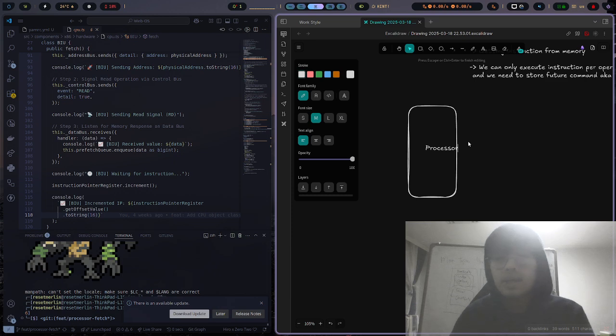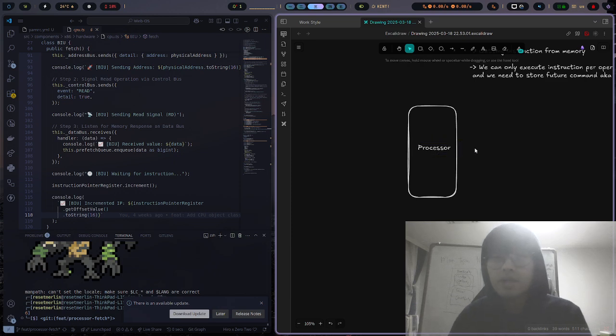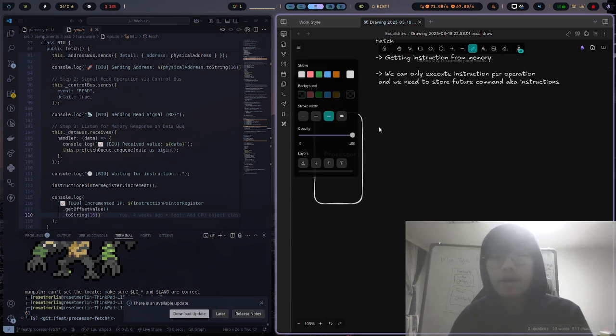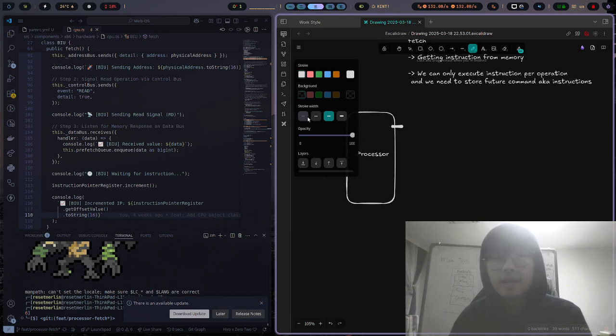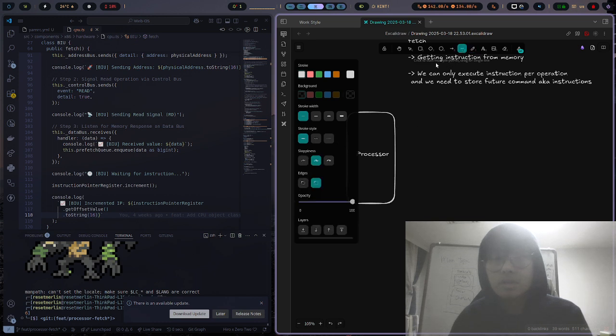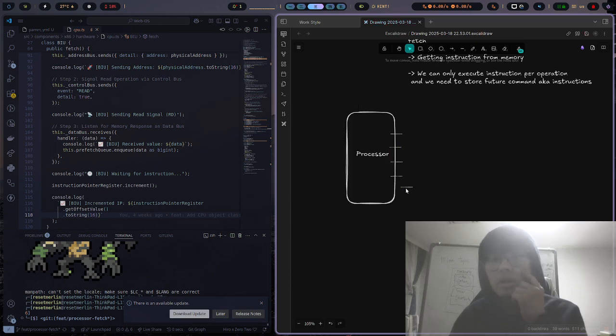These pins are just wires. There are multiple pins, and each pin has a purpose. I forgot what the most famous pin was, but whatever.